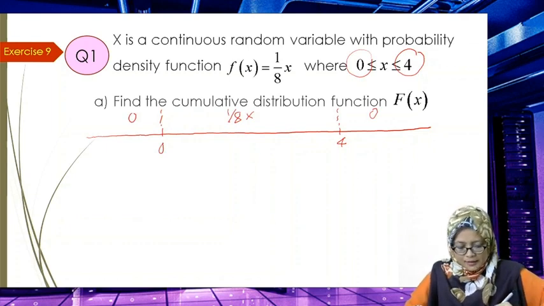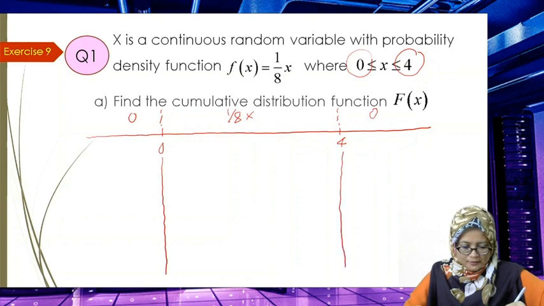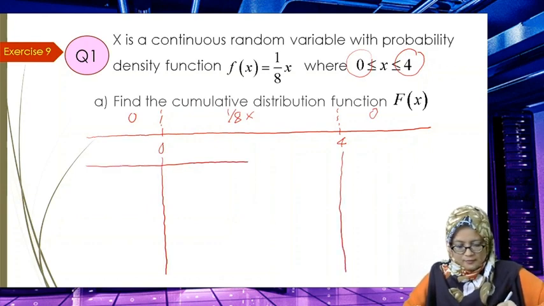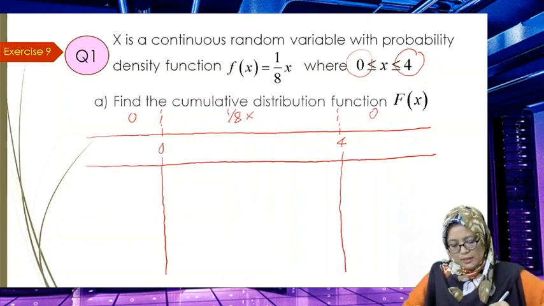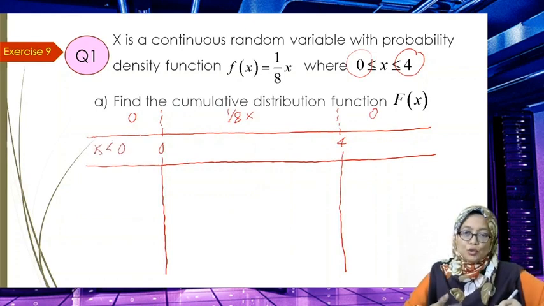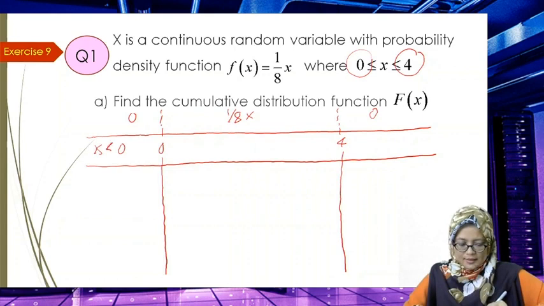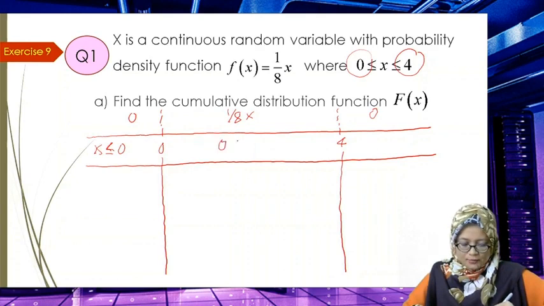Okay, so daripada sini kita akan buat dia punya divider. Okay, so ini adalah interval x less than 0. So untuk continuous, awak nak letak less than boleh, less than equal pun boleh. Dia adalah sama. So sini kita ambil 0 until 4. So sini kita ambil x greater than or equal 4.